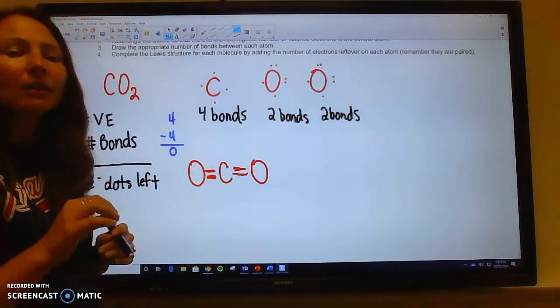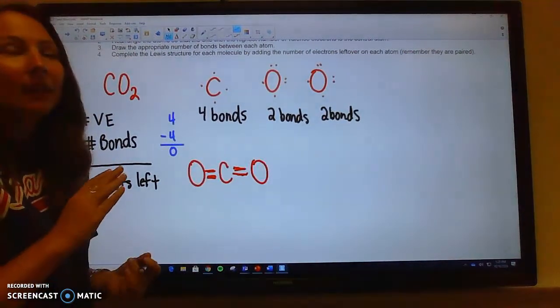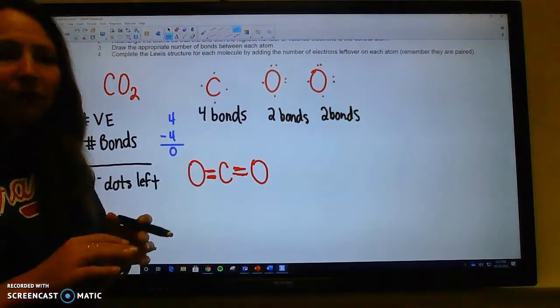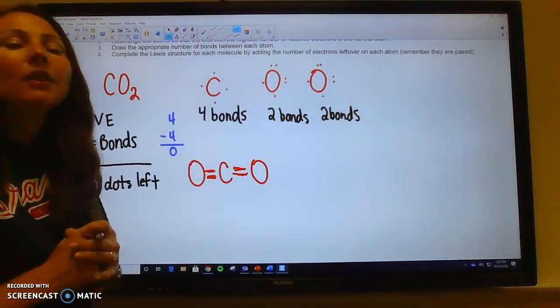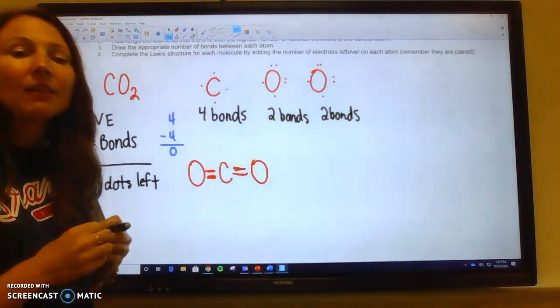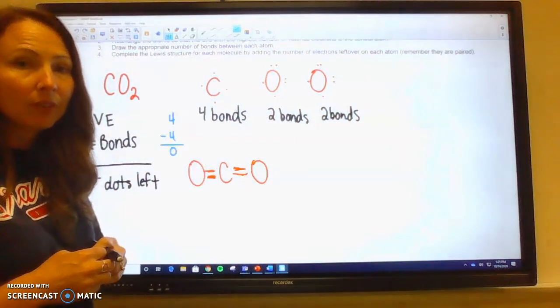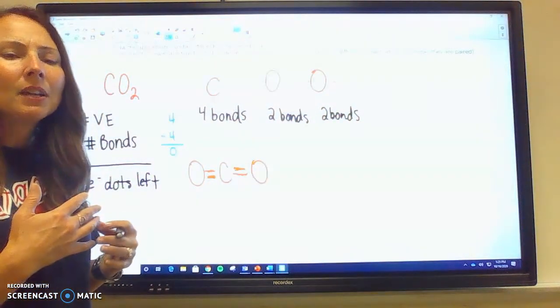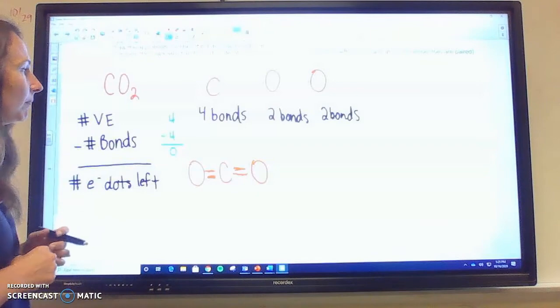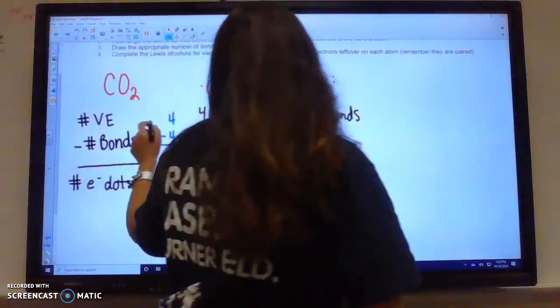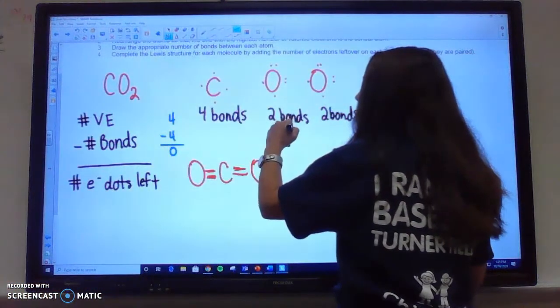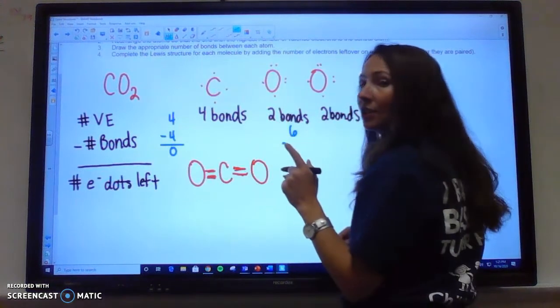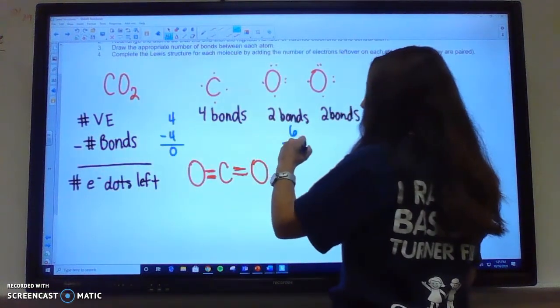Okay, and by the way, for honors chemistry, for the lesson that we're learning right now, you're just going to have an even number of dots left over. So they'll always be paired up. So let's look at oxygen. Oxygen has 6 valence electrons. Each oxygen forms 2 bonds.